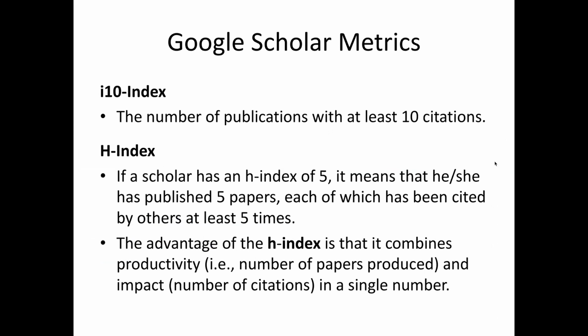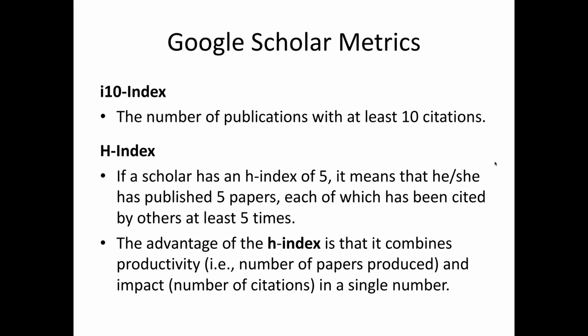When it comes to talking about H index and I-10 index, the language gets a bit complex, but we'll try and follow it very carefully. So the H index reflects both the number of publications and the number of citations per publication.